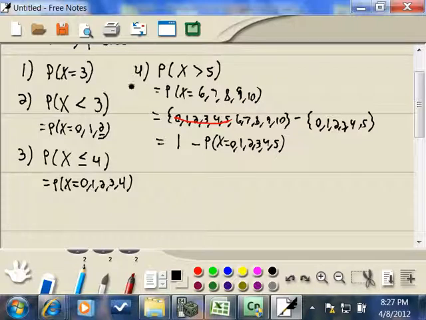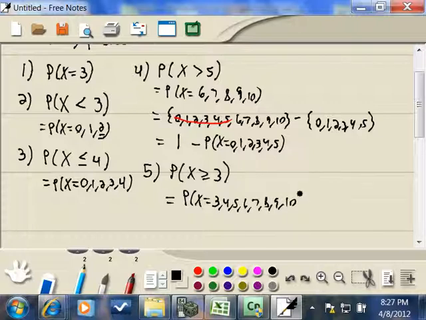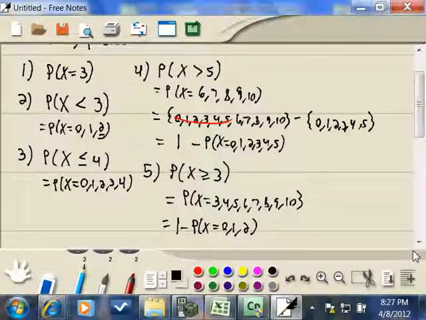Now the fifth one is very similar to that. If you say x is greater than or equal to 3, for example, well, that would mean 3, 4, 5, 6, 7, 8, 9, 10. 10 because our n is 10. And now if I do 1 minus, 1 is everything. If I think, what would I subtract off that would leave me 3 through 10? That'd be 0, 1, and 2.